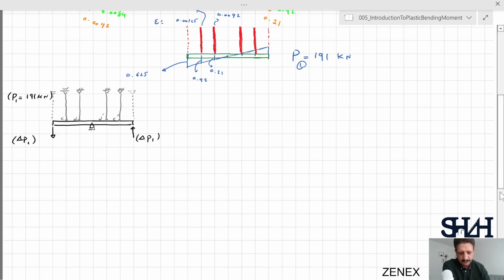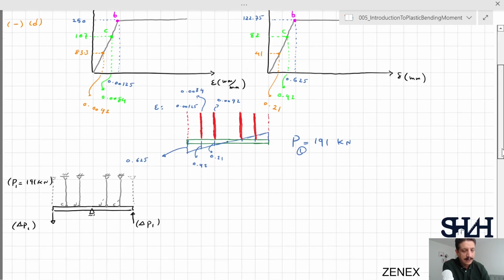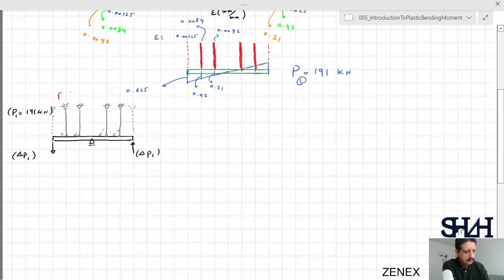At C, the force is 82 kilonewton. And F at D is 41 kilonewton. Now, what is the capacity of element C?